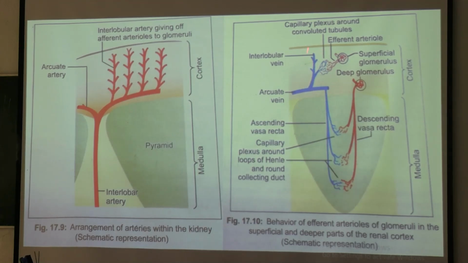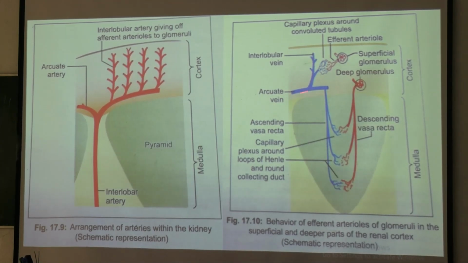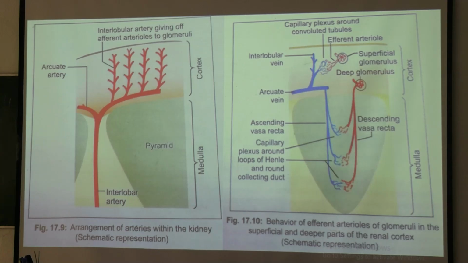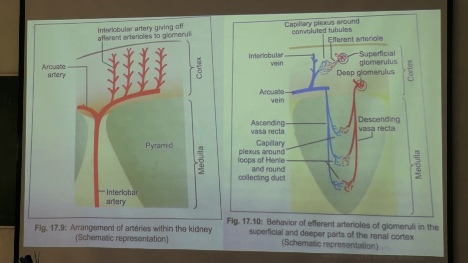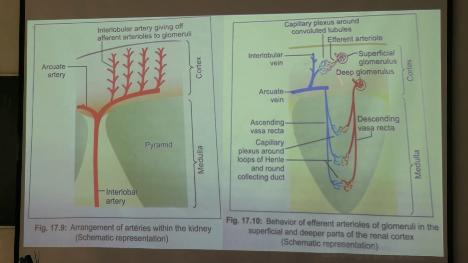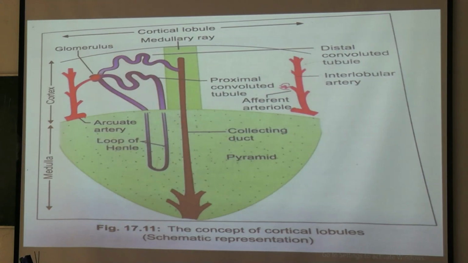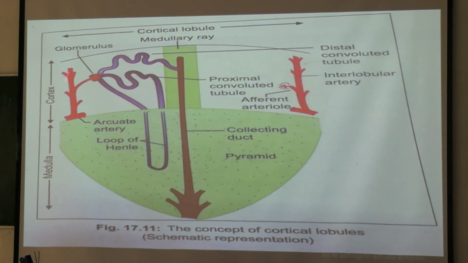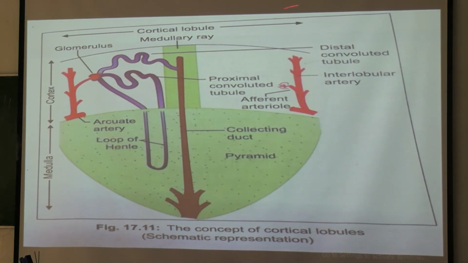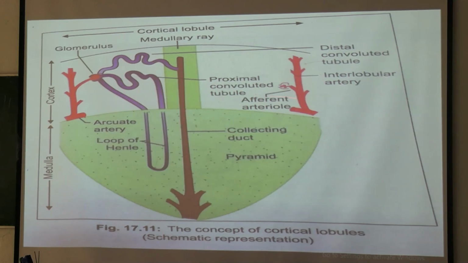Here interlobular veins join the arcuate veins, which then join to form the interlobar veins, then the lobar vein, and the renal vein. So here we see the capillary plexus around the convoluted tubules. There are the glomerular capillaries, superficial glomerulus, deep glomerulus. Okay, so the arcuate artery and interlobular artery. Here the nephron is shown, with collecting ducts, pyramids, afferent arteriole.